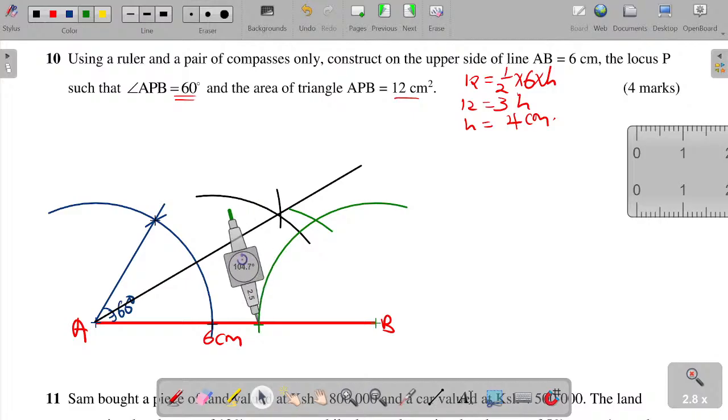So make sure as you are doing your revision, you also work on loci, because it can come in section 1 where it's a compulsory question, the way this one has been brought.